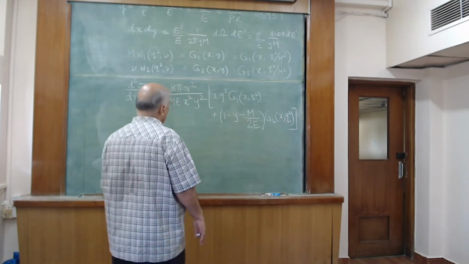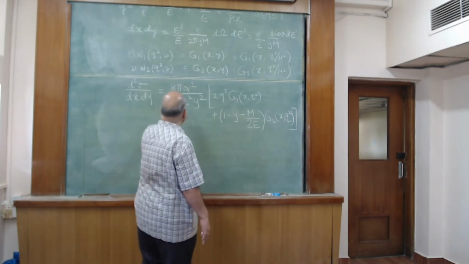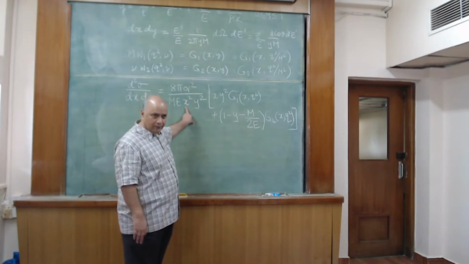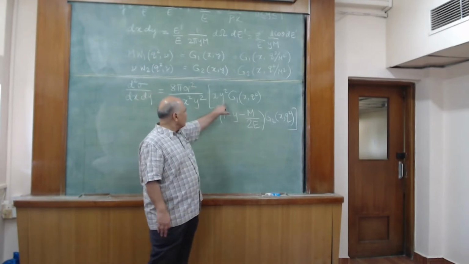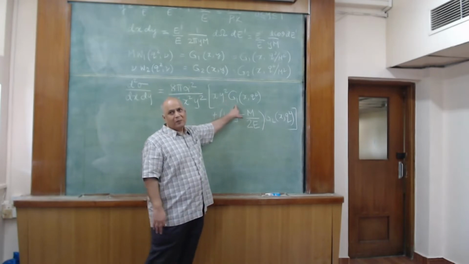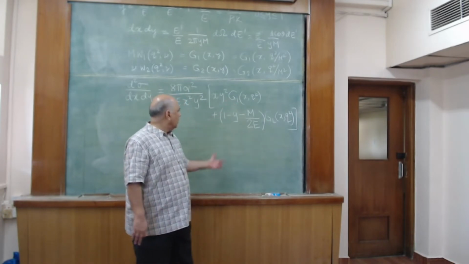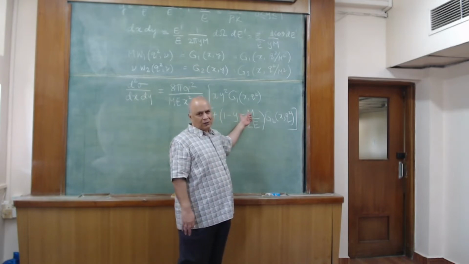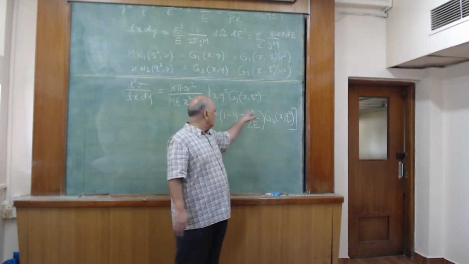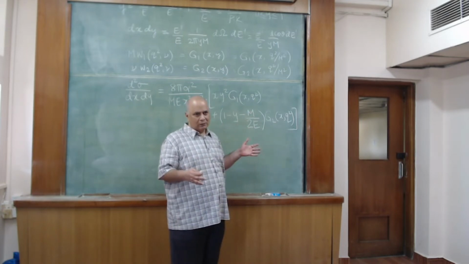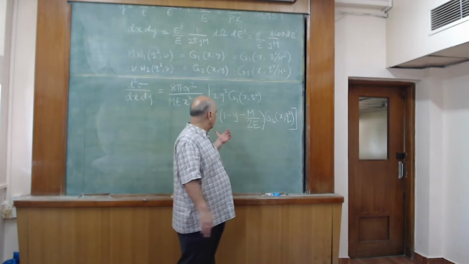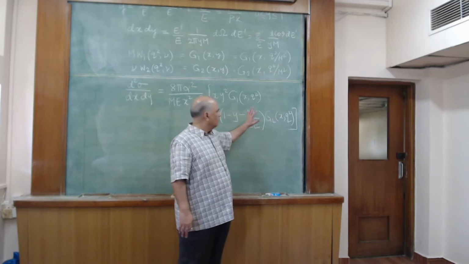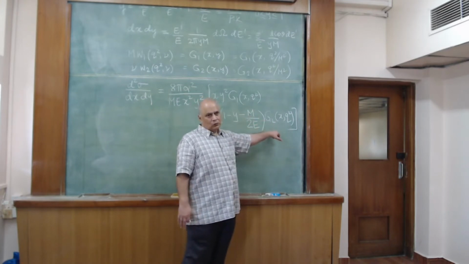But the important point is this x square y square is pulled out in front, and there is an xy square which is multiplying g1, and there is a 1 minus y times this factor, which in a given experiment, this m by 2e, is a constant. So you can call it some constant minus y, which multiplies g2.